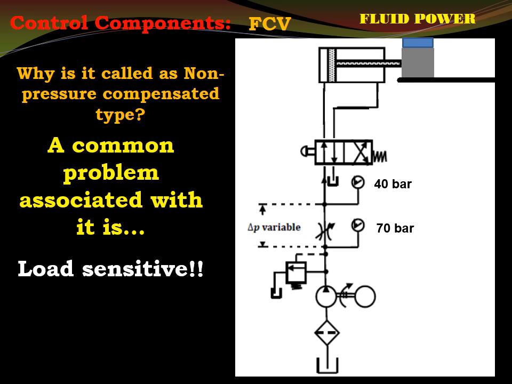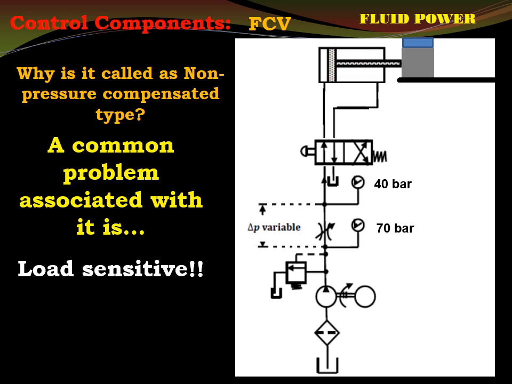Because we have not changed CD, same as FCV, we have not changed A0, but pressure difference across FCV drops, so Q through it will drop. As Q drops, you can rightly guess the speed of extension of the piston will come down.